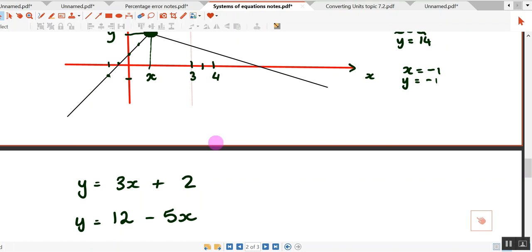Will that always happen? We've already decided no. How do I know? Because sometimes lines are parallel, which means if I put an x value into both, I will always get a different y value, always.